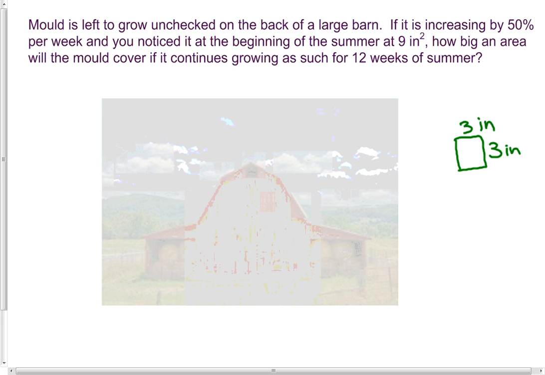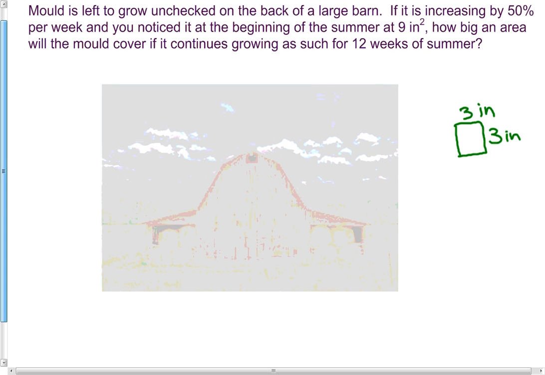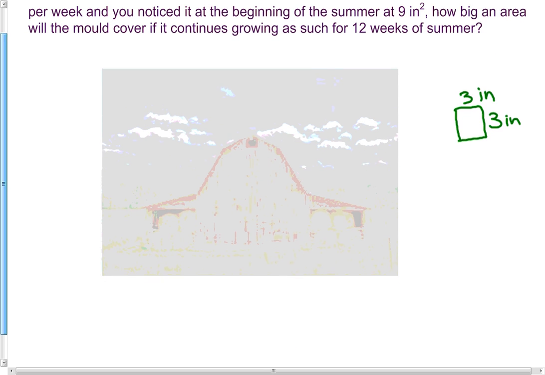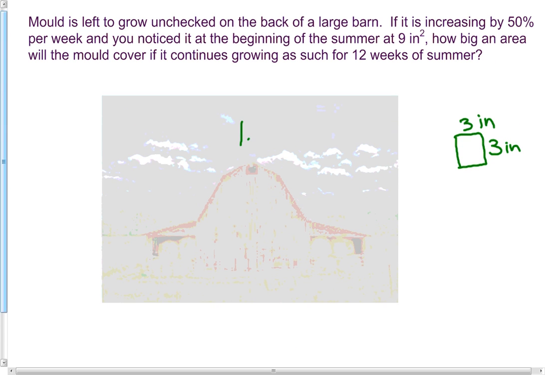So our rate of growth we need to think about is 50%. So we keep the original mold. This is maybe not something we want, but we keep the original mold and we add 50% to it every week. So our base of our equation is going to be 1 to keep the original mold and an increase of 50%. That is the base.